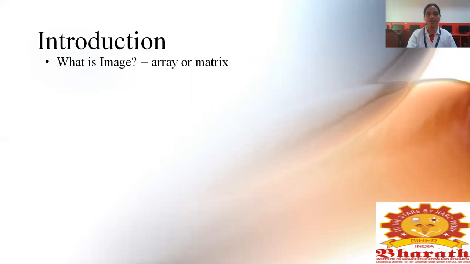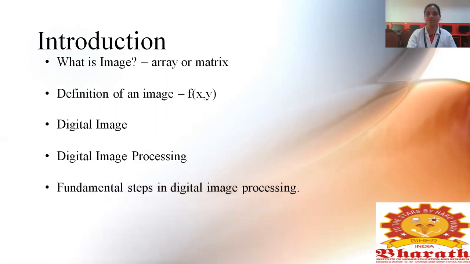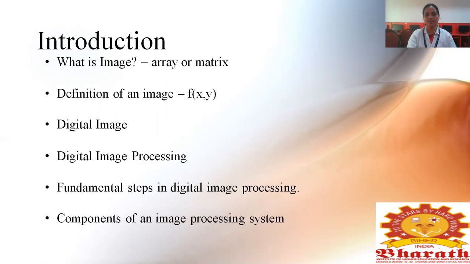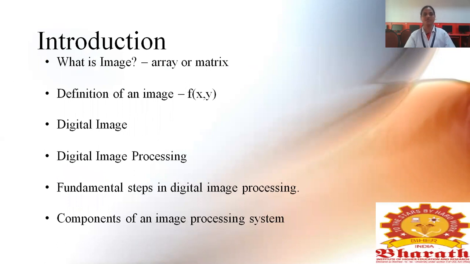Before going into that, these are the things we are going to see in this topic: first we have to know what is an image and the formal definition of an image, what is meant by a digital image, how we can process the digital image, what are the fundamental steps involved in image processing, and the components of an image processing system. And first we'll see what is an image.